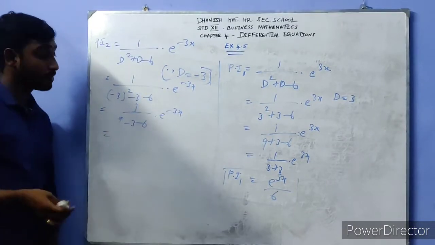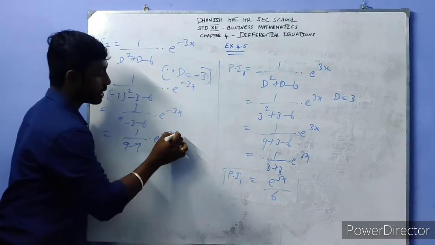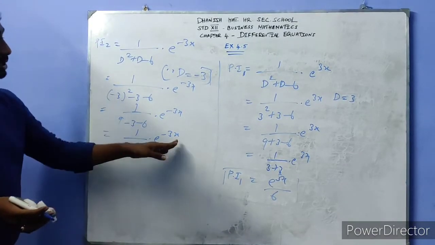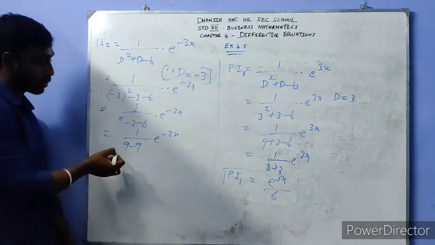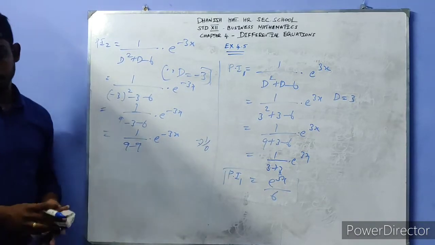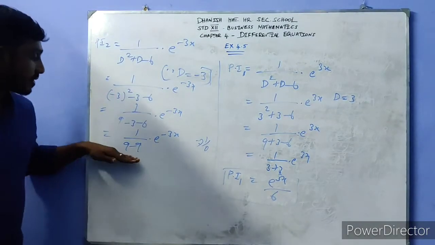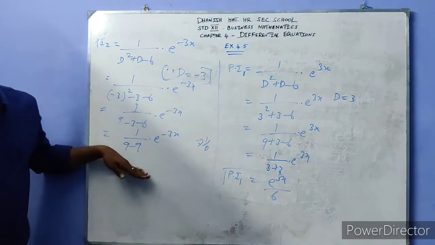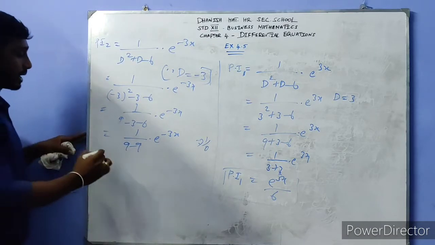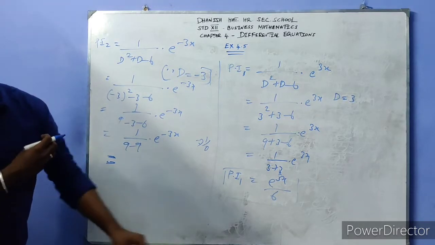So listen to this term. Here we are getting 9 minus 9. In this condition, you will be getting 1 divided by 0. In this case, we have one exception here. If the denominator becomes 0, you apply x on the numerator.